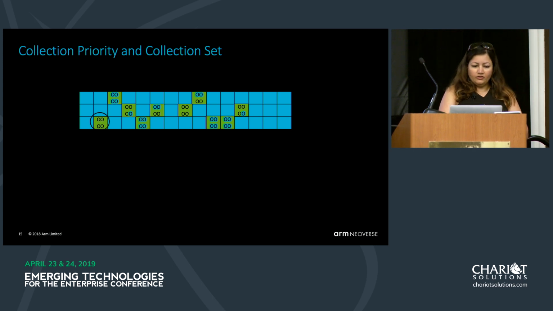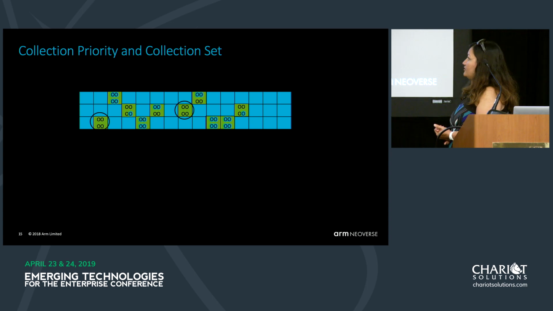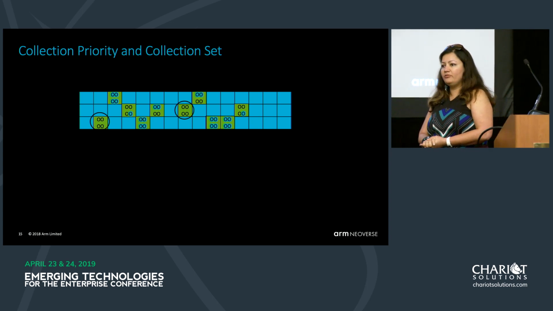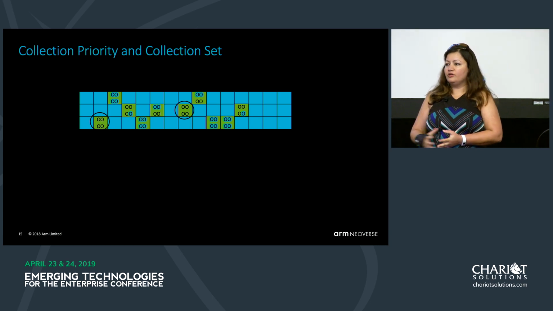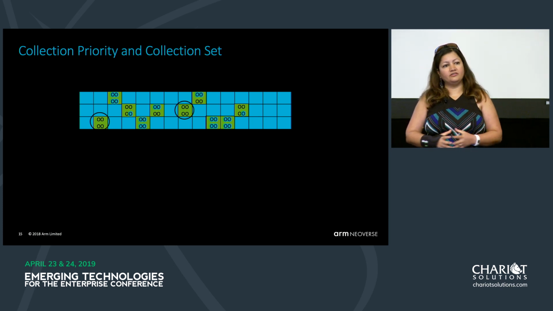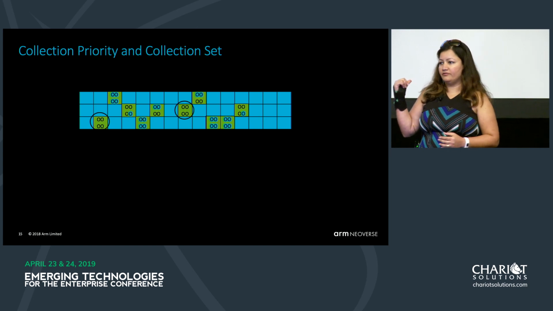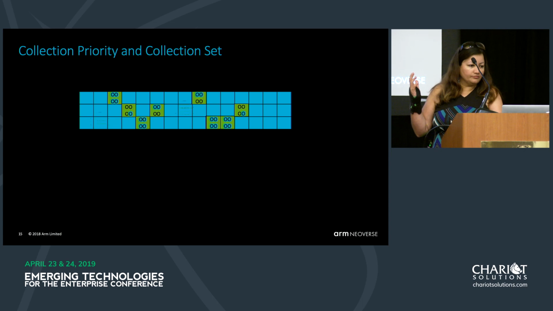At first I already know that these two regions have no live objects, so they're full of garbage. They can be reclaimed very quickly. They don't have to wait for compaction to happen. As soon as you identify the liveness of your regions and you're aware that the regions are full of garbage, you can reclaim them. So they can be gone right there.